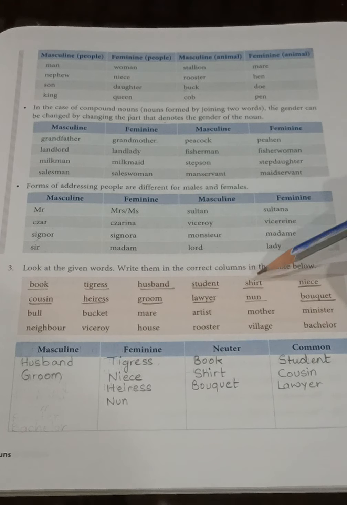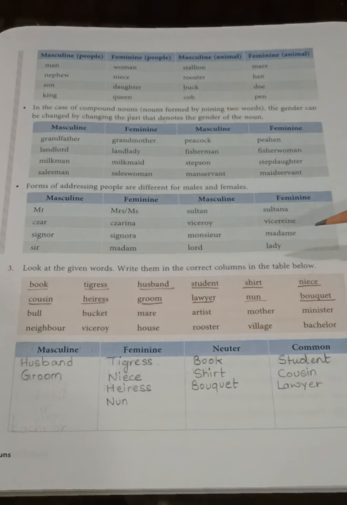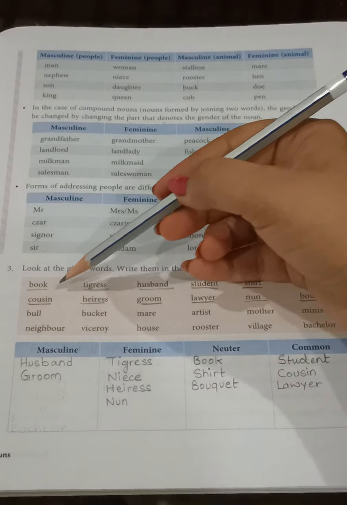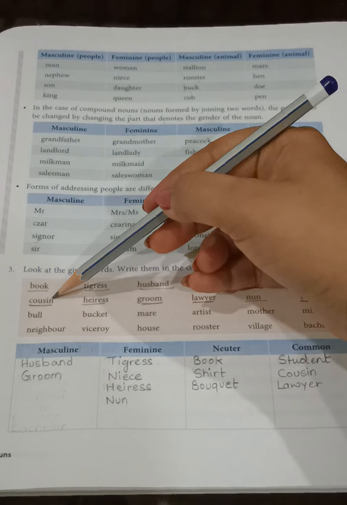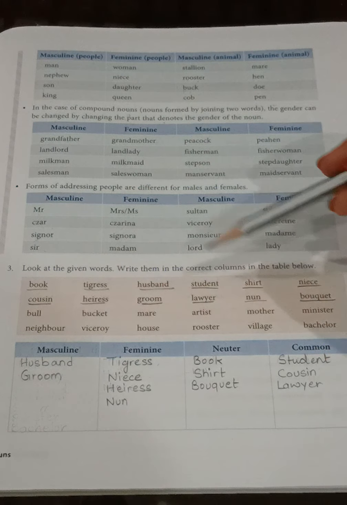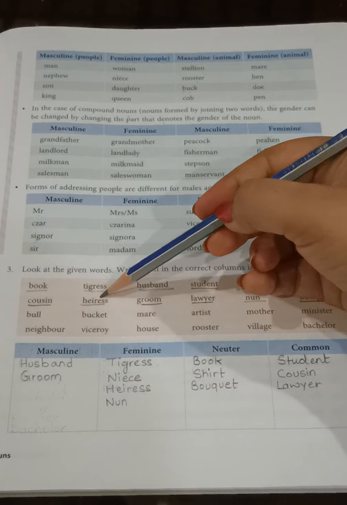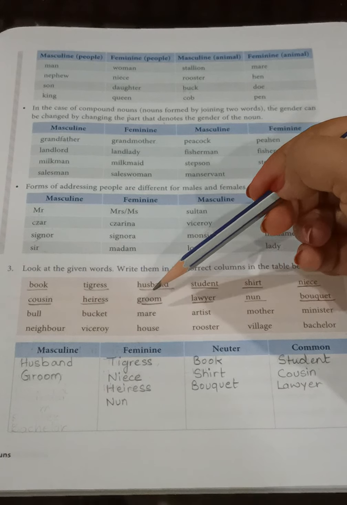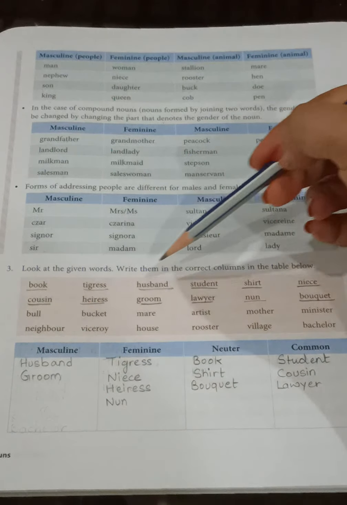Shirt, it is a non-living thing, so neuter. Niece, it stands for a female, so feminine. Cousin, it can be a girl or a boy both, so common. Heiress, it stands for a female, so feminine. Groom, it stands for a male, so masculine.